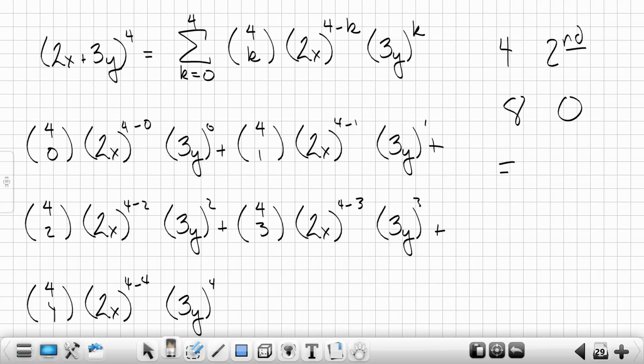And you should get 1. Because what you've done is 4 NCR 0, 4 choose 0. If you look in green above the 8, it says NCR. So you've done 4 choose 0 and you get 1.